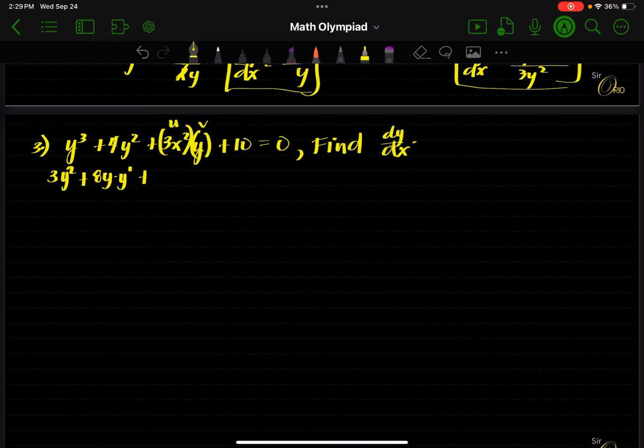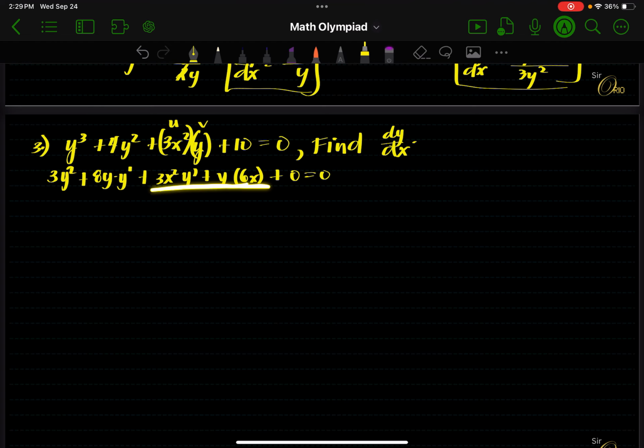What's the rule in the product rule? Copy u, 3x squared, times the derivative of v, which is y prime, plus copy v, y, times the derivative of u, which is 6x, plus the derivative of 10, which is 0, equals 0.